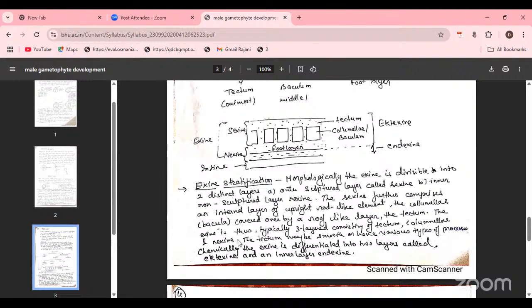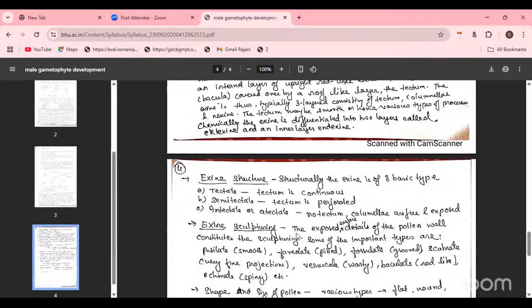The tectum may be smooth or have various types of processes. This is the ectexine, and the inner layer is the endexine.